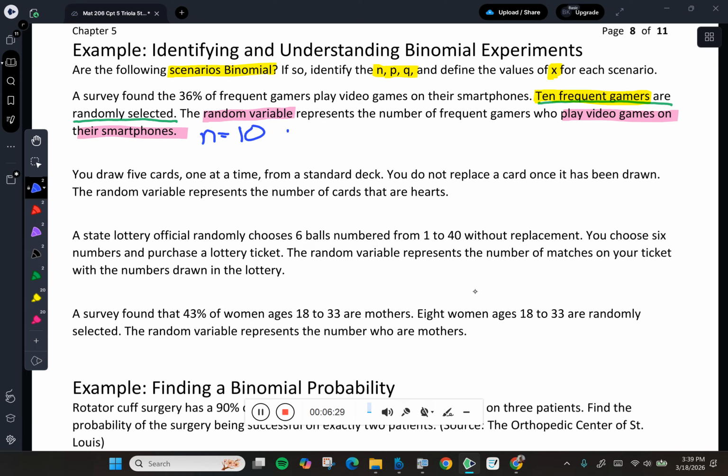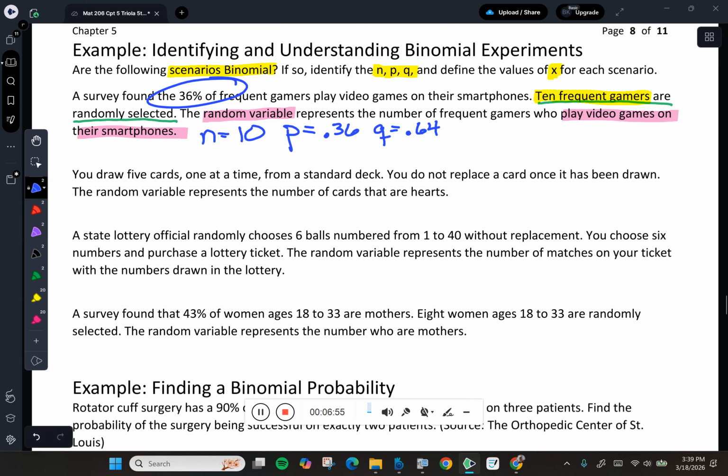It looks like the probability that they will say yes, they do play smartphone games, is 0.36 from the data that was collected in the survey. The probability of failure, that is that they will say no, I don't play, would then be 0.64. Remember, P and Q, success and failure, cover the only possible outcomes, so they must add up to 1.